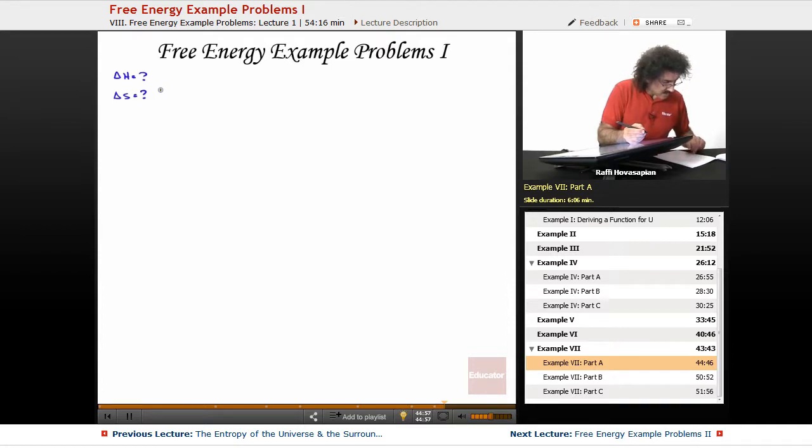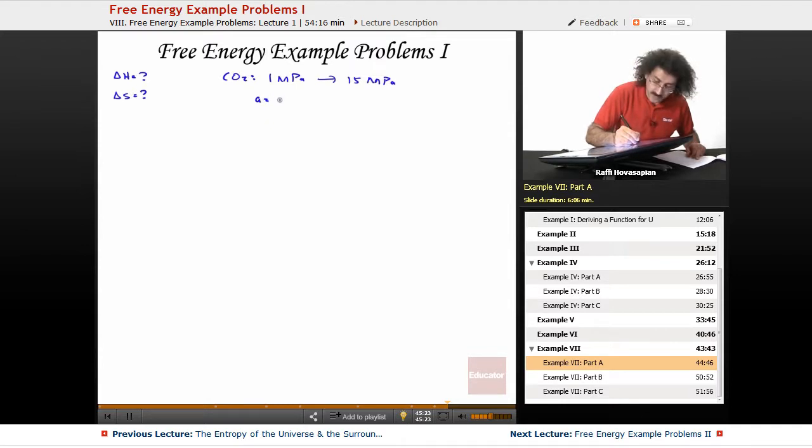Let's write down what we've got. Our CO2 gas, we're taking it from 1 megapascal to 15 megapascals.